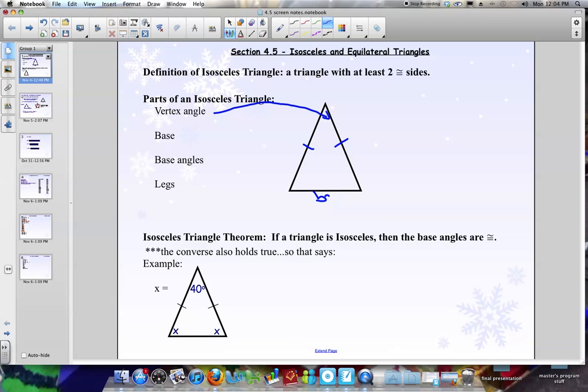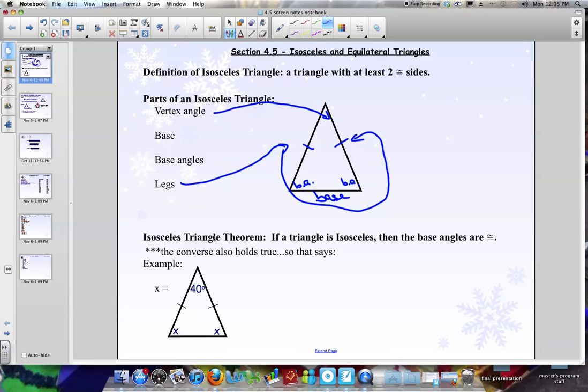So this is the base. And the base angles are the angles that sit across from the congruent sides. So this is a base angle, and this is a base angle. The legs are the sides that are congruent. So this one and this one would be the legs of an isosceles triangle.